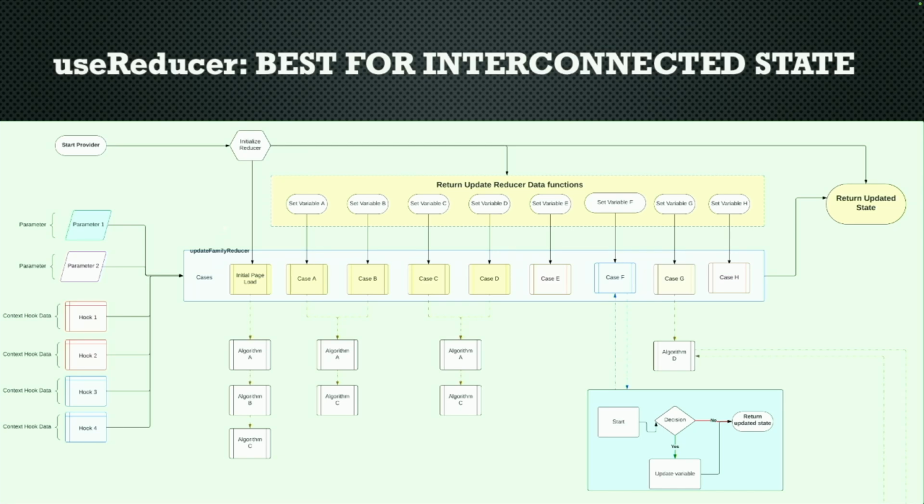This one supports things like drag and drop and users changing things. And then we return an updated family situation. And so this is just an example. When you're dealing with a lot of interconnected state, you want to grab something like a reducer. It's right there, and it's made for this.